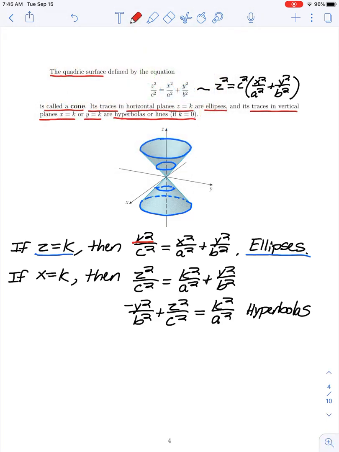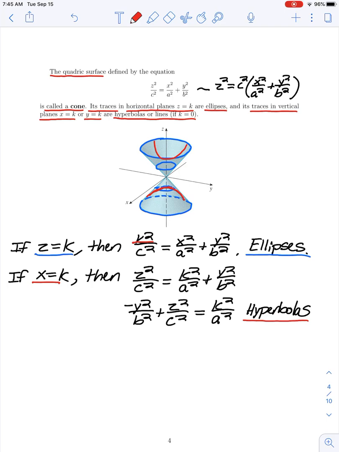Let's see if we could sketch a representative one. If I'm taking intersections that are parallel to the YZ plane, I get these hyperbola shapes, something that looks like this.